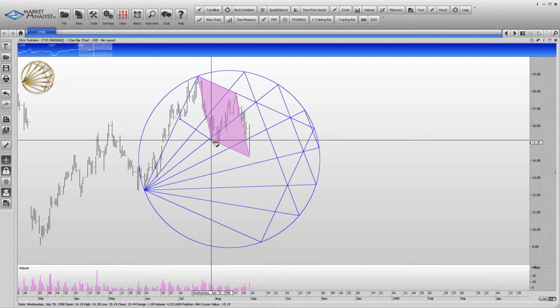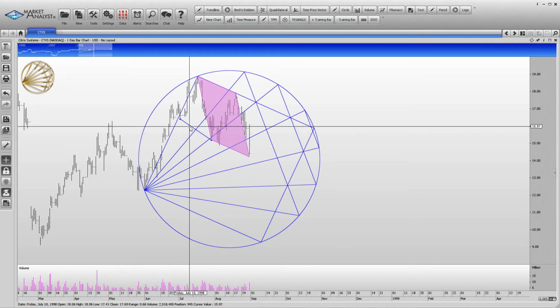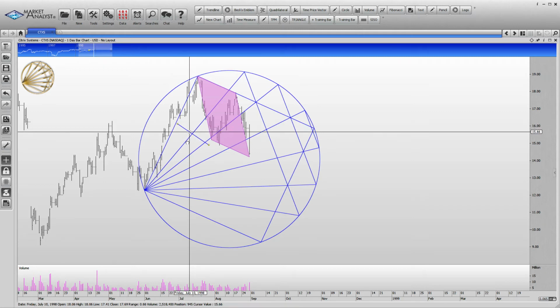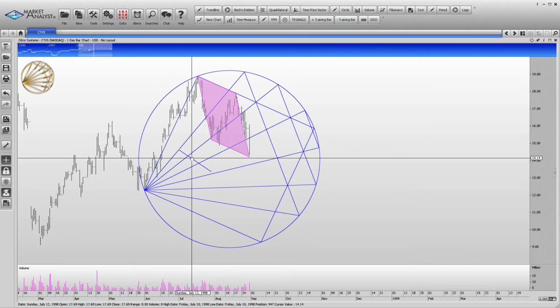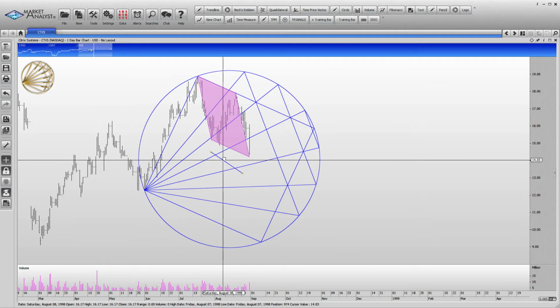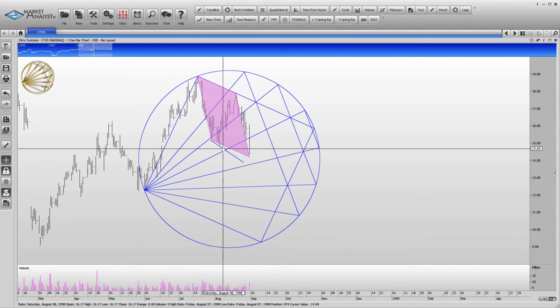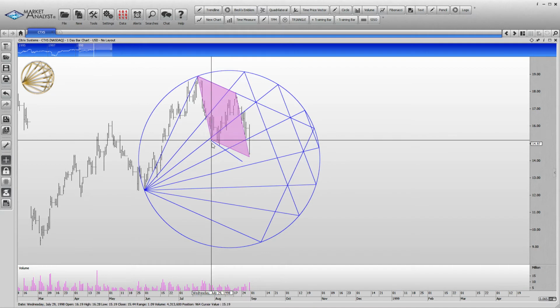Okay, so I've double clicked here. We now have a segment of a trend line. The easiest way to do this is simply to click and drag this segment over and then drop it right here. You notice that? This point right here at B.